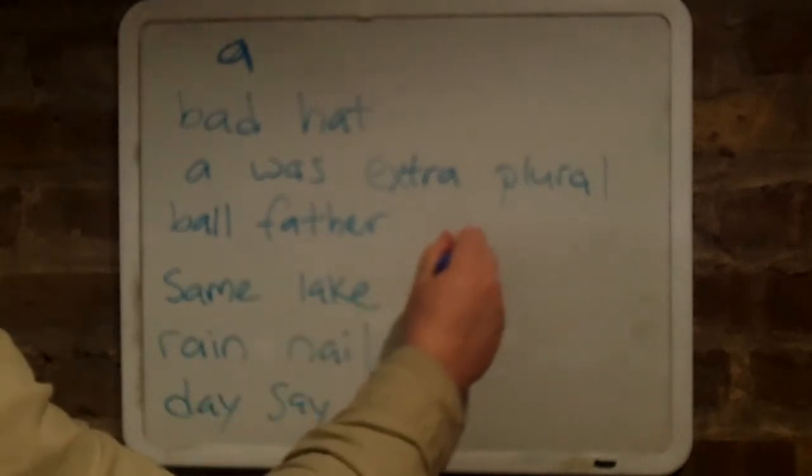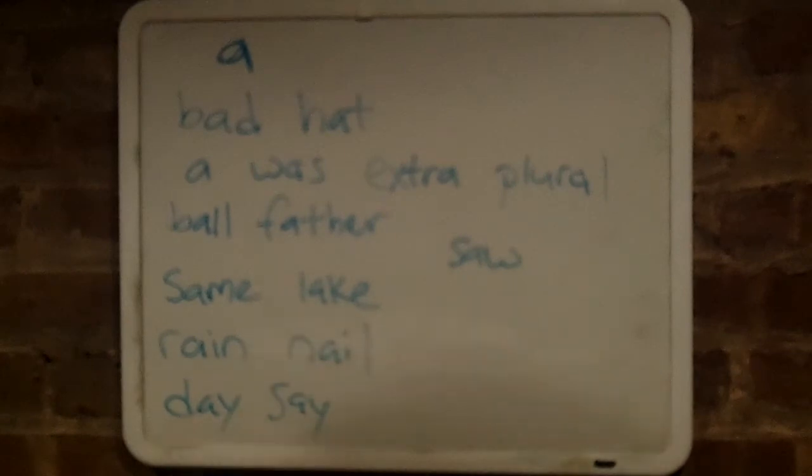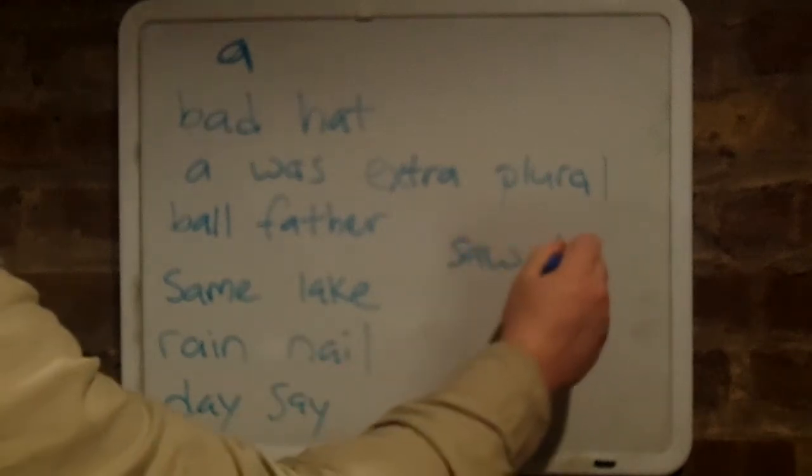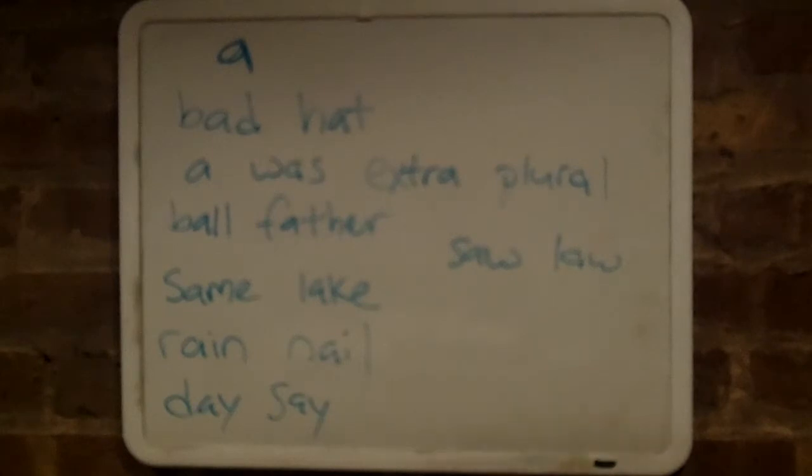AW makes, in American English, the sound. So we have words like law or saw. British people tend to pronounce these words more like an or sound, but in American English it's just a straight sound.